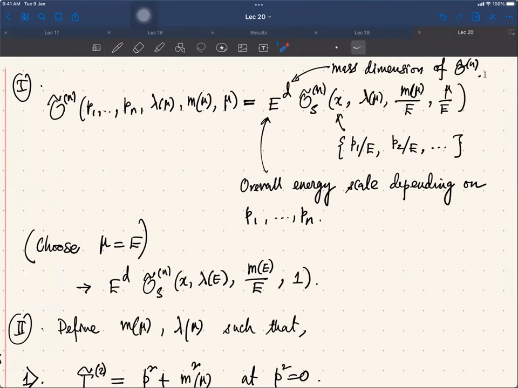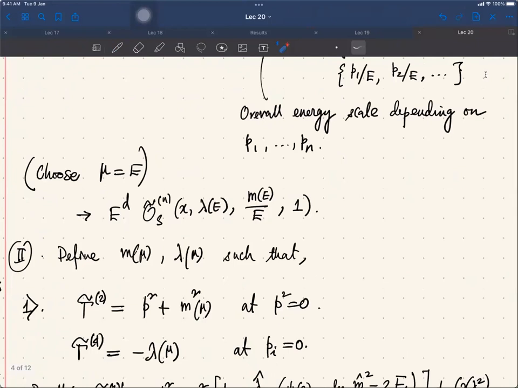So as I discussed in the previous slide, once you fix the renormalization prescription, that defines the relation between gamma tilde 2 and gamma tilde 4 and the renormalized couplings without any ambiguity. By fixing the renormalization prescription, you are fixing that ambiguity.